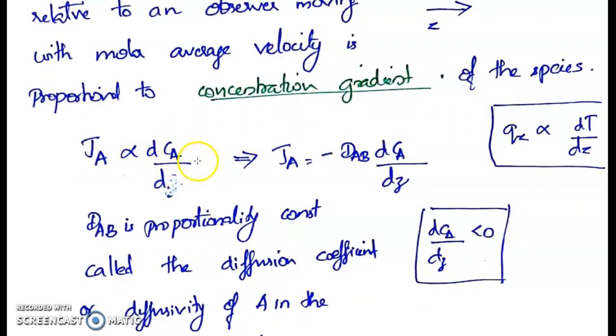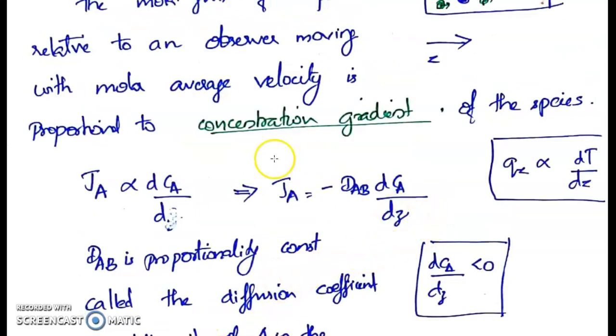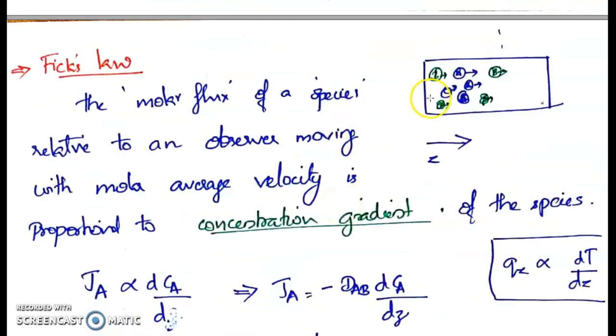So, in order to remove the proportionality, we introduced a term DAB, and DAB is called diffusion coefficient or diffusivity of A in a mixture of B, because it is the factor that determines the rate at which molecules are diffusing. If the value of DAB is high, it means diffusion will be more.